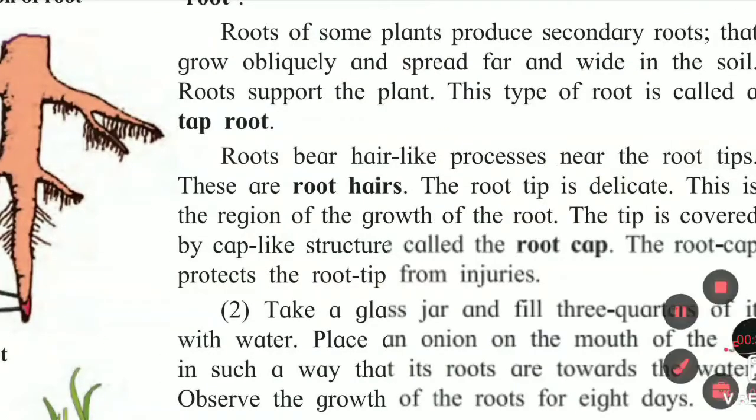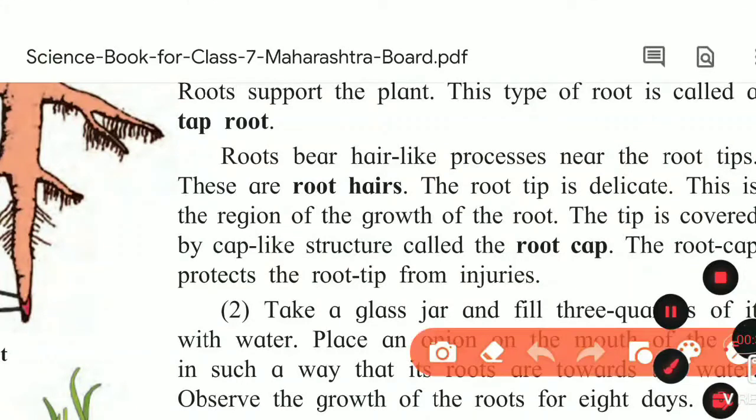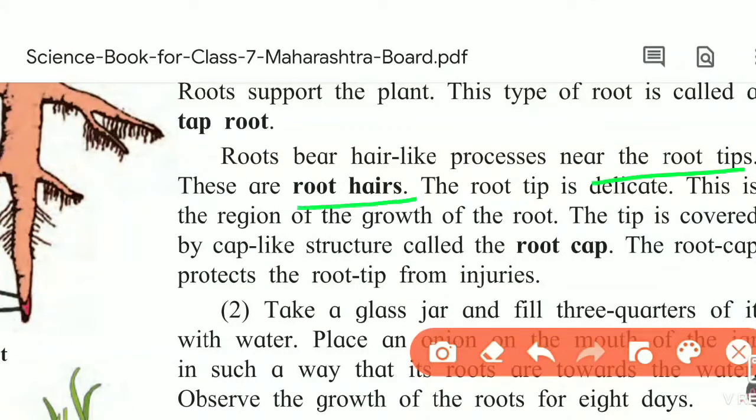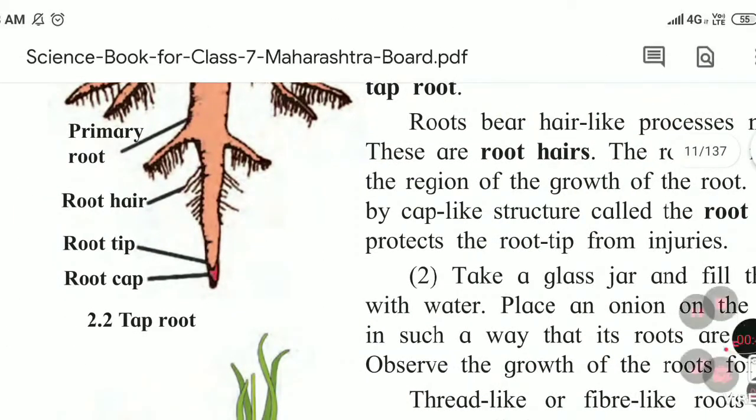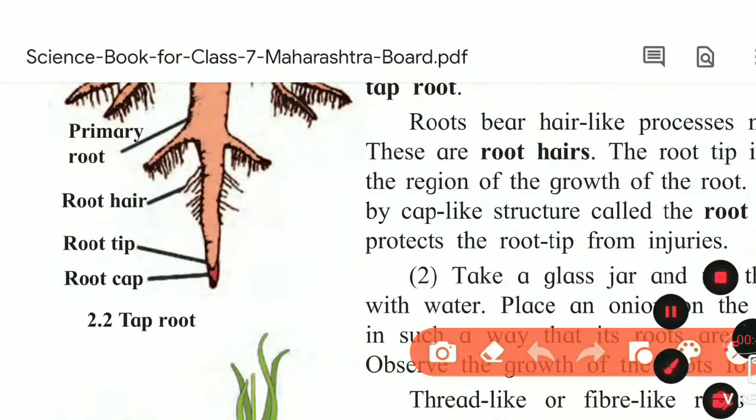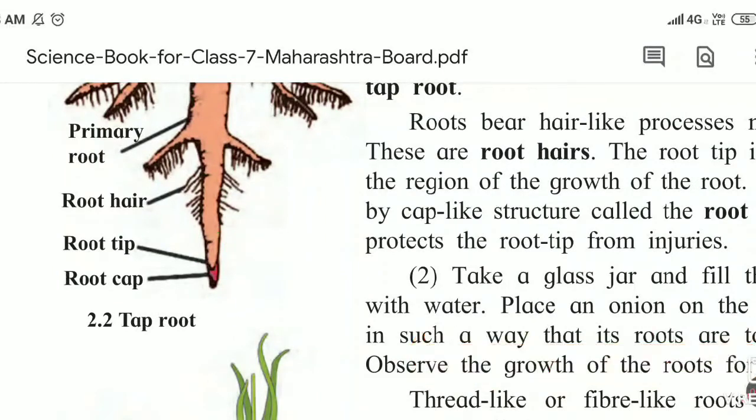So what is told here? The roots bear hair-like processes near the root tip, and these are root hairs. So if you see this picture, you will notice that these are the root hairs, a hair-like structure. So it is called root hairs.